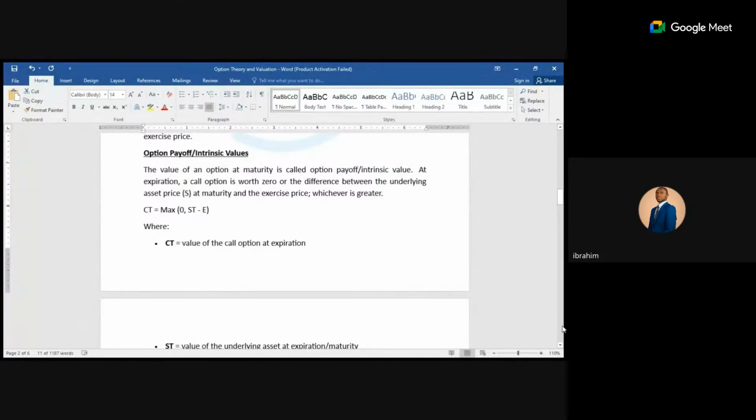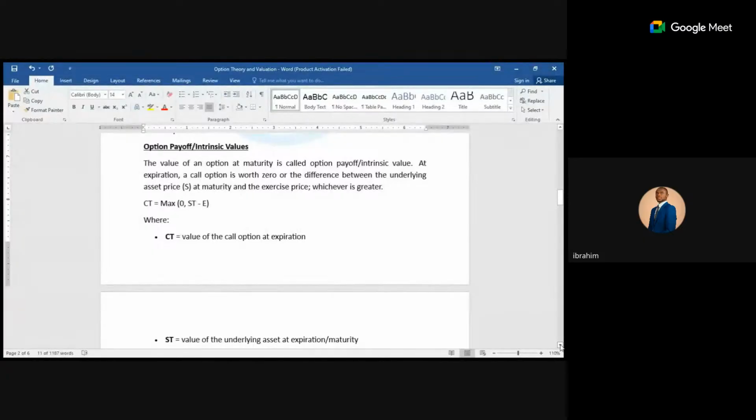So when the examiner says calculate the intrinsic value, intrinsic value is the value of an option at the date of maturity.